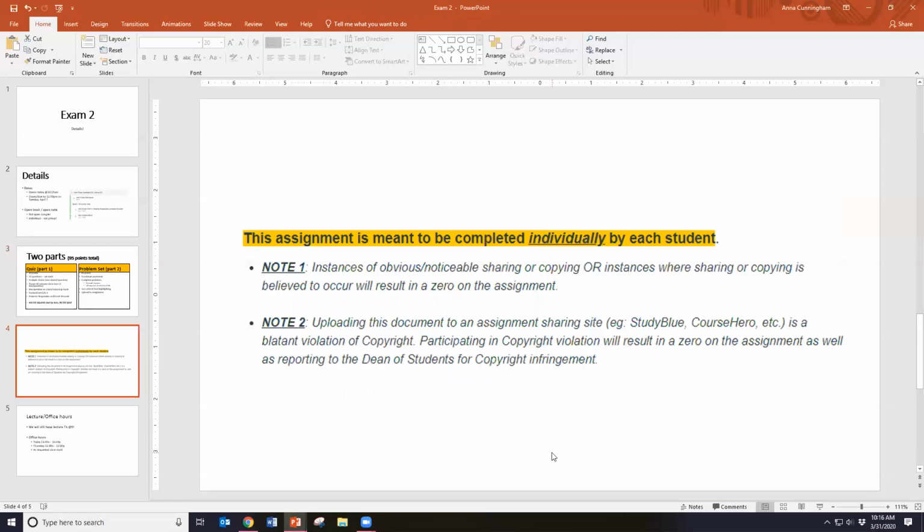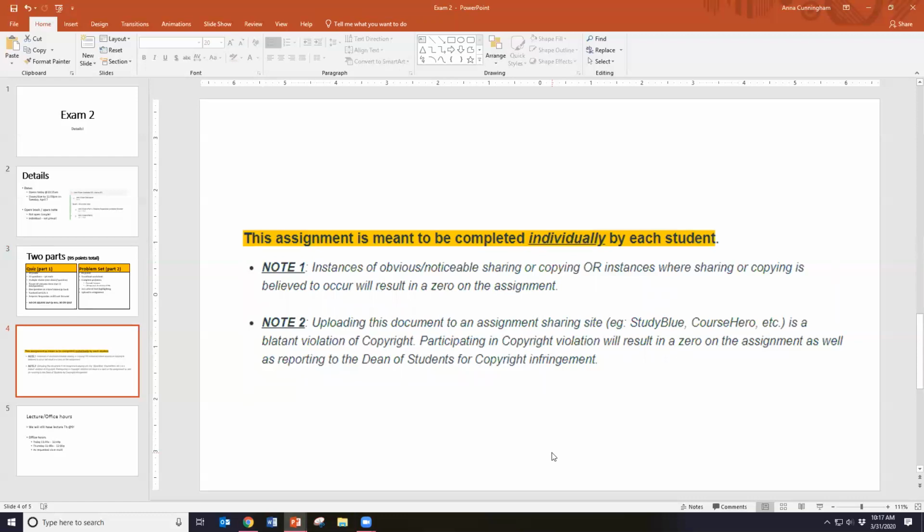With this, you'll see this caveat. Obviously, there are sites. I've never offered this test before, so I don't think anything like Study Blue or Course Hero is really going to help that much. But just know that using those websites is considered a copyright violation and plagiarism. So don't use those websites. The university does check that stuff to see if it's up there.